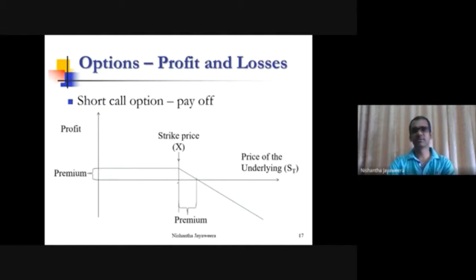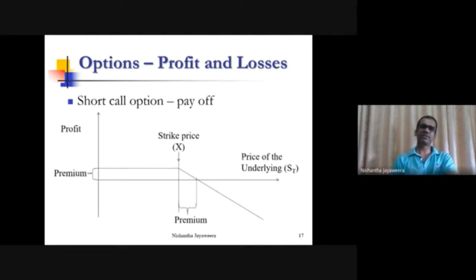When the spot price is below the strike, buyer won't exercise the right. So the seller just collects the premium and goes away. But whenever the spot price is above the strike price, buyer will exercise his right. Then the seller has to sell the underlying asset at a lower price than the market price.